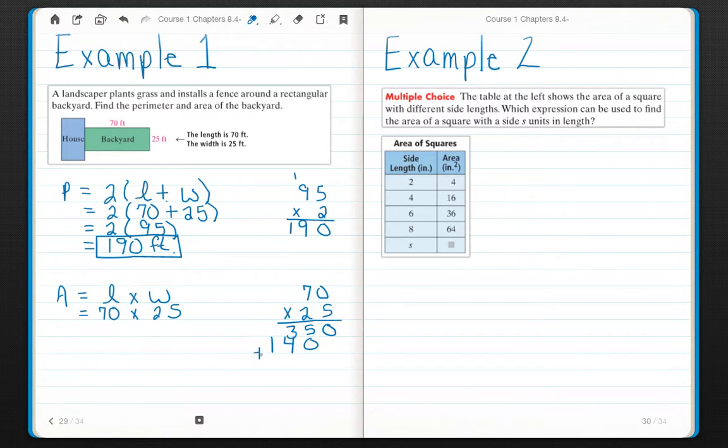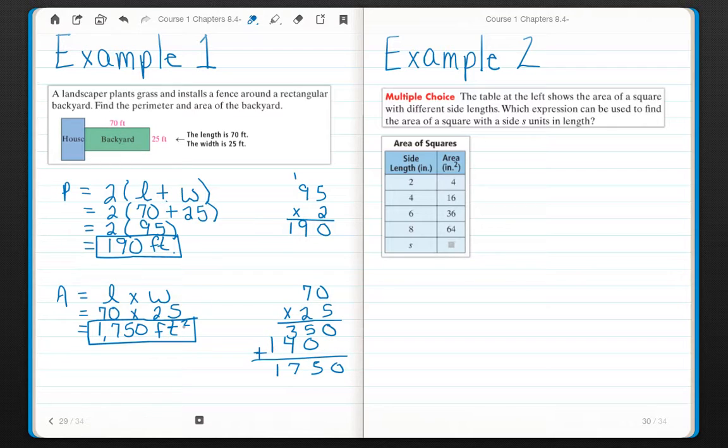Add them together. 0, 5, 7, 1. So the area is 1,750 square feet. Don't forget that area is always in square units.